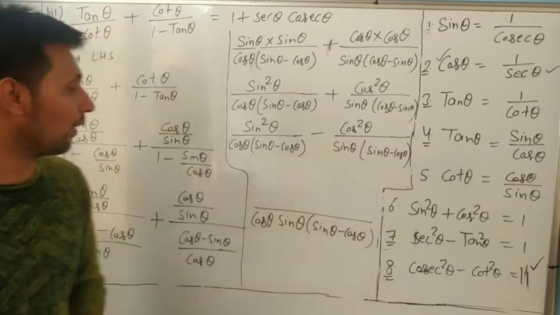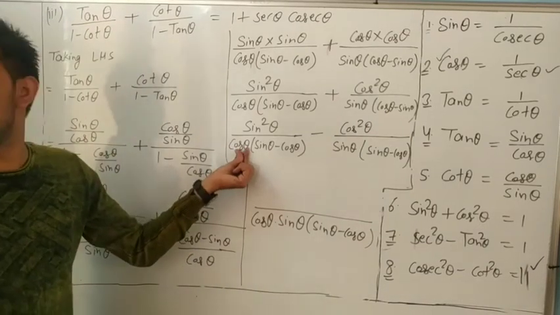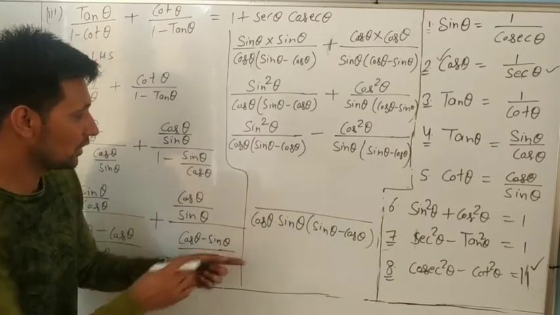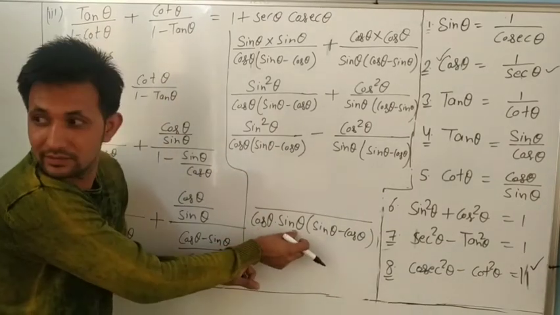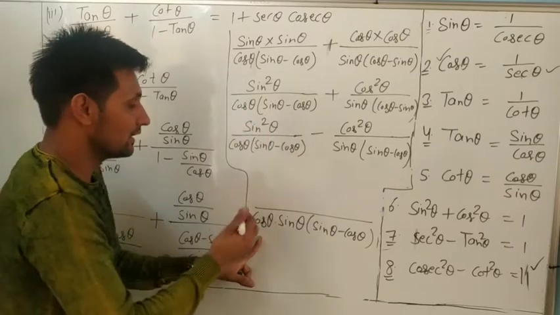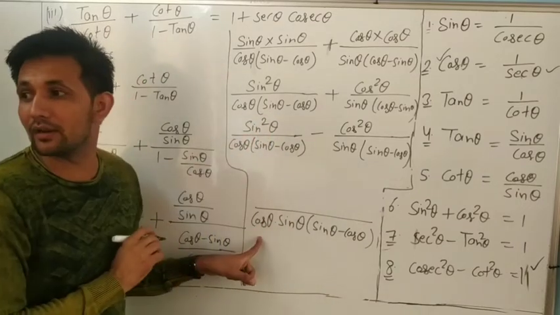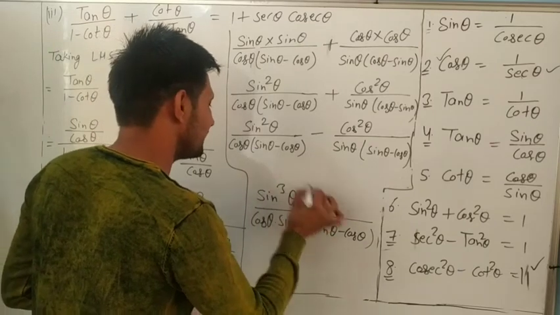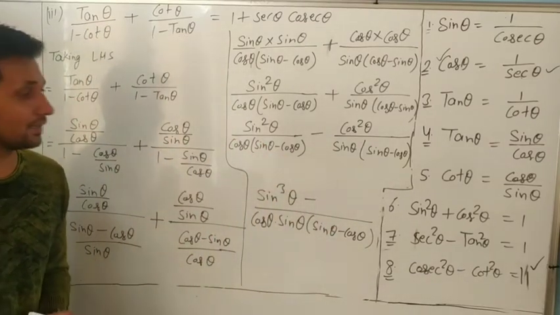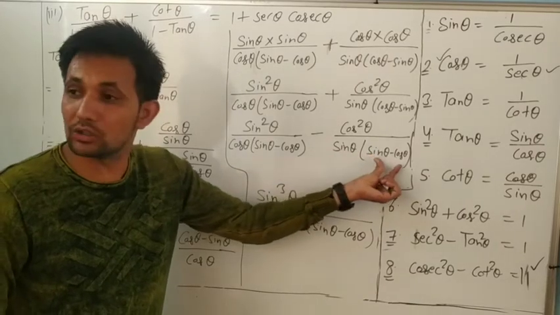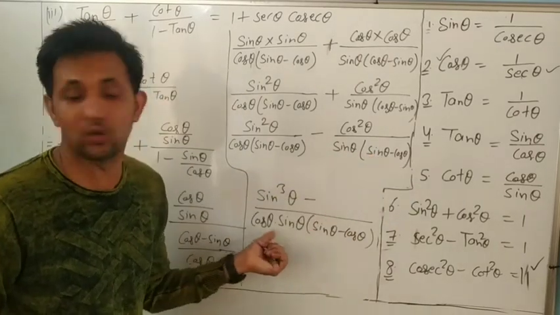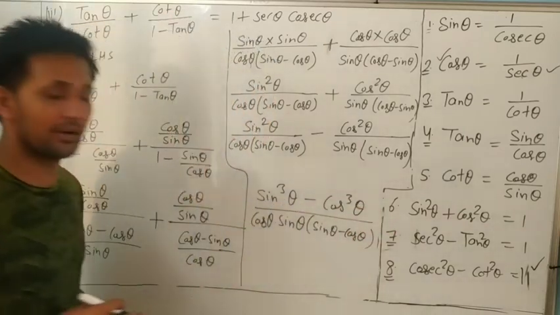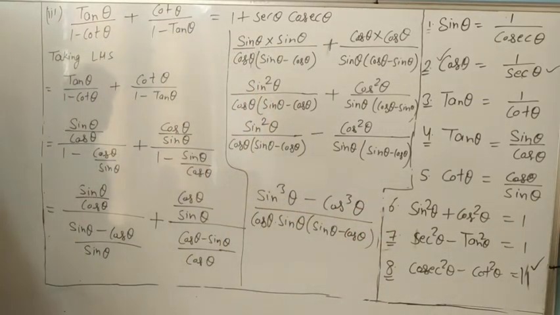Now cos theta into sin minus cos, sin theta into sin square, sin cube theta, minus cos theta into sin minus cos. What remains? Cos cube theta. Do you understand? Okay dear.